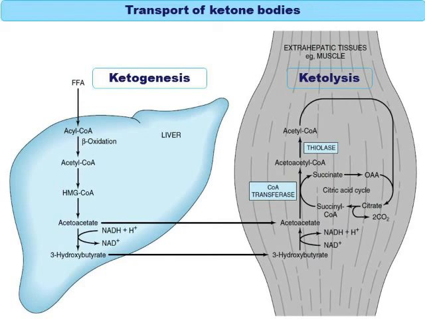Acetone is removed as gas from the lung by breathing. 3-hydroxybutyrate is the more reduced form of ketone body and can release more energy than acetoacetate. This 3-hydroxybutyrate is reoxidized to acetoacetate by 3-hydroxybutyrate dehydrogenase. In this reaction, NAD plus is reduced to NADH plus H plus.